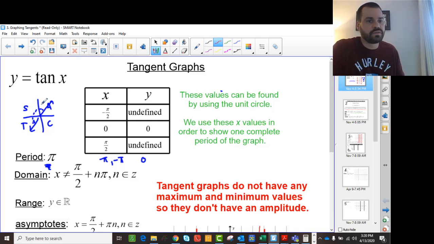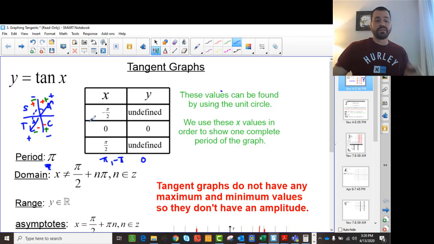Sine goes positive, positive, and then negative, negative. Cosine goes positive, negative, negative, positive. So they're not different by 180, but tangent goes positive, negative, and then it goes back to positive, and then negative, and then positive, negative. So it actually repeats every pi as opposed to every 2 pi. So that's different.